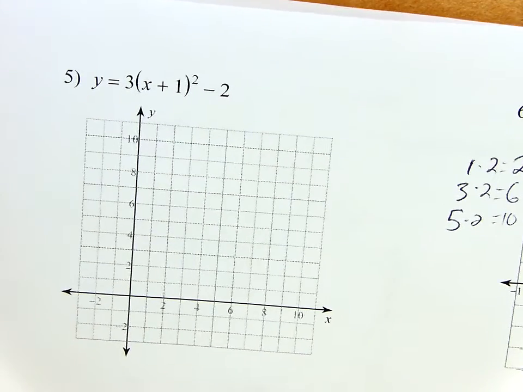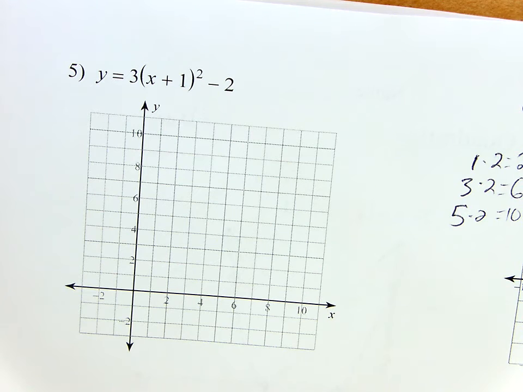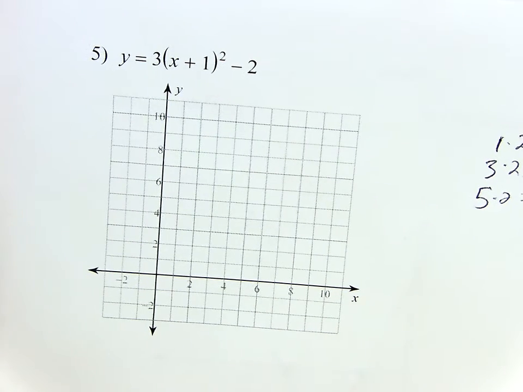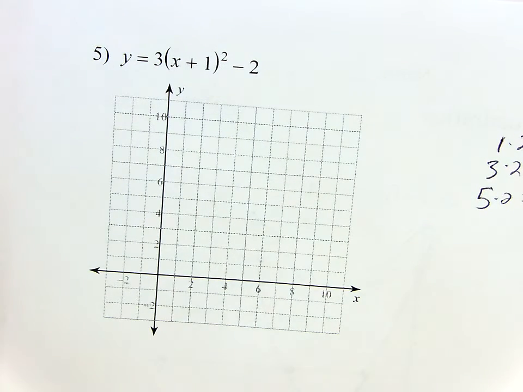So let's jump back to 5. What do you think having a 3 out there is going to do? Multiply it all by 3. Right, so this graph will be even more narrow than the one that we just did was. So go ahead and graph number 5. Figure out where the vertex is, and then see if you can handle that multiplying it by 3 part.